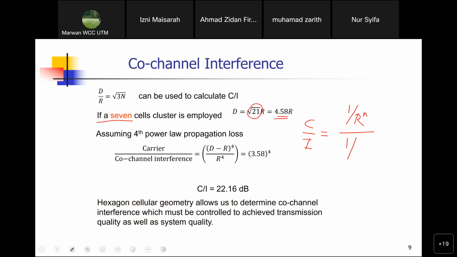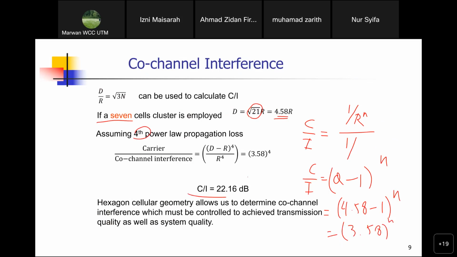I always like to do C over I as (Q minus 1) to the power of n. That's why we have here 4.58 minus 1. It doesn't really matter how you want to do it, but at the end you get 3.58 to the power of n. And we use n equals 4. Then you get the answer in linear, then you have to change into dB.